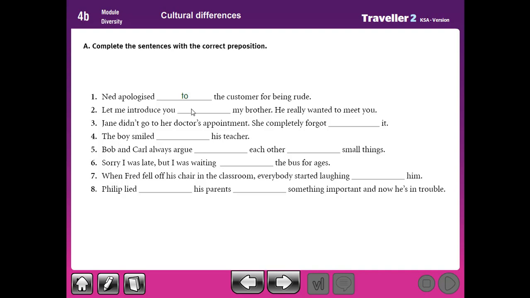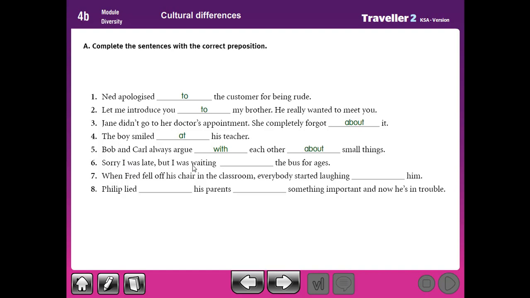Let me introduce you to my brother. He really wanted to meet you. Jane didn't go to the doctor's appointment. She completely forgot about it. The boy smiled. His teacher smiled at him. That's very good. Bob and Carl always argue with each other about small things.